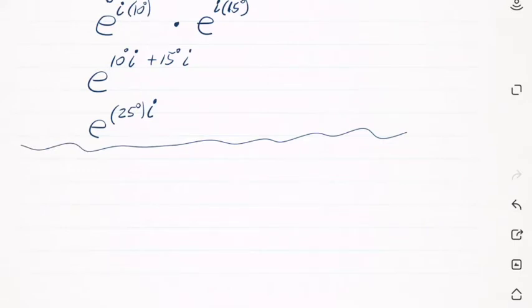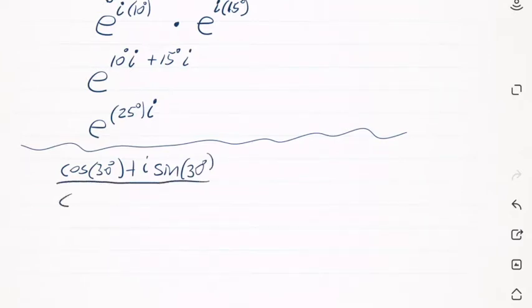What if we were doing cosine of 30 degrees plus i sine of 30 degrees divided by cosine of 50 degrees plus i sine of 50 degrees? Oops, I forgot the i.